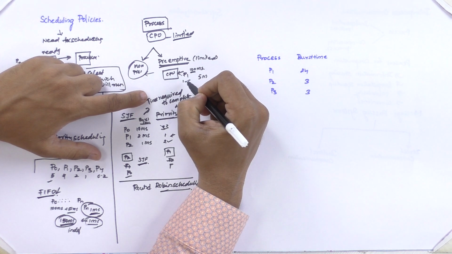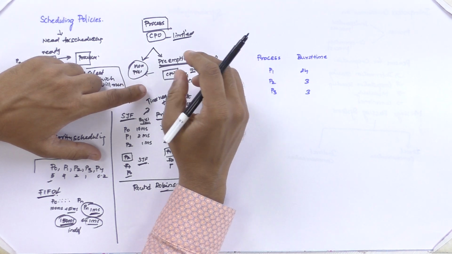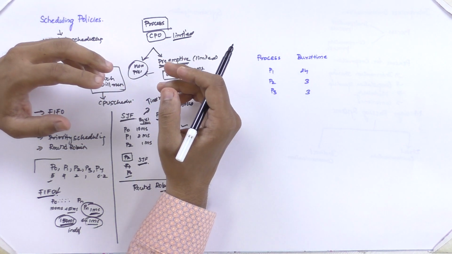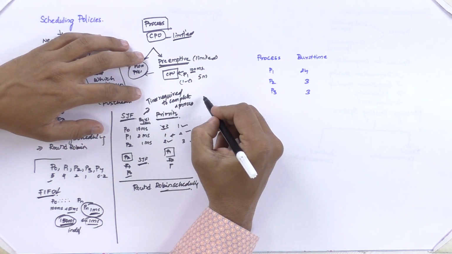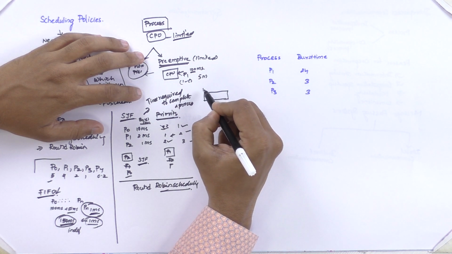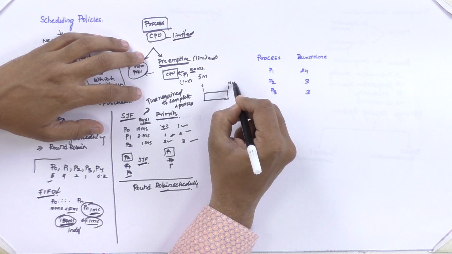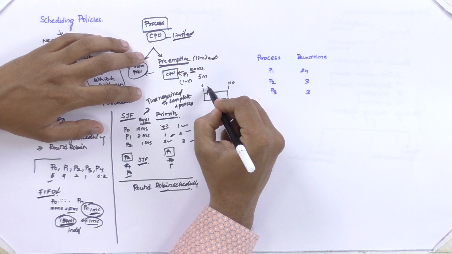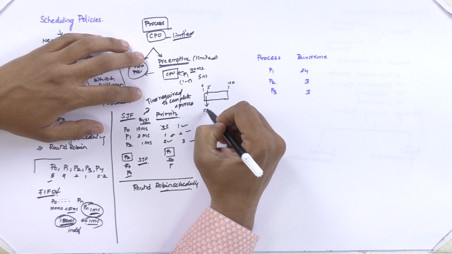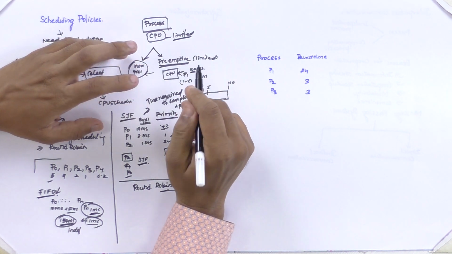After that, the CPU will be forcefully removed from the process. Process P1 requires the time from 0 to 100, but once it has reached 5, the CPU will be removed and given to some other process. That is called preemptive scheduling.